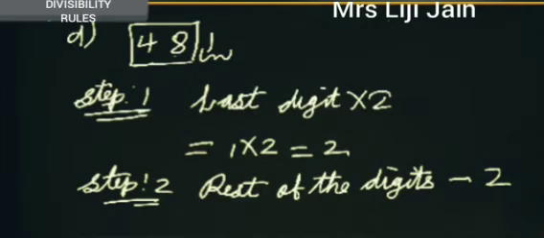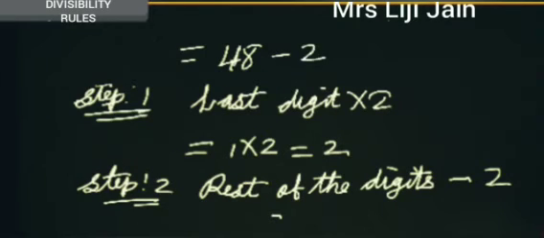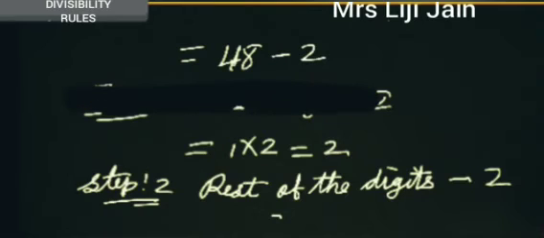So that means 48 minus 2, isn't it? This doesn't work sometimes, that's why. Okay, it is equal to 48 minus 2. What is 48 minus 2? 48 minus 2 is 46.